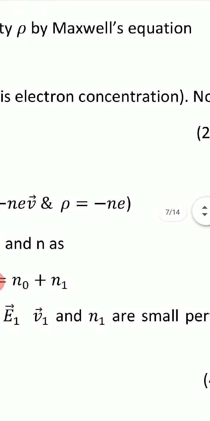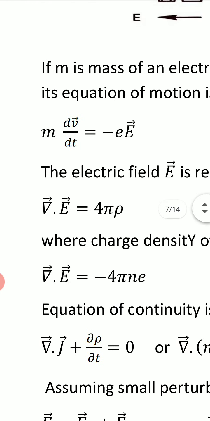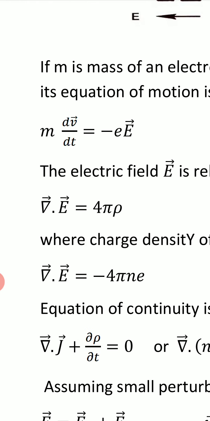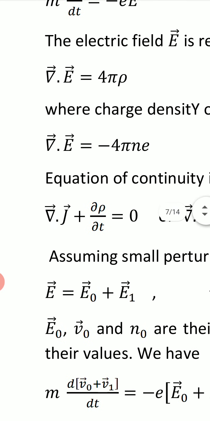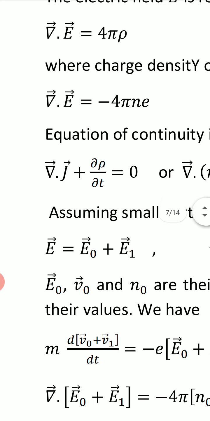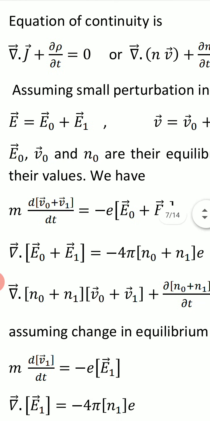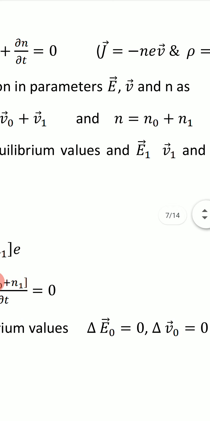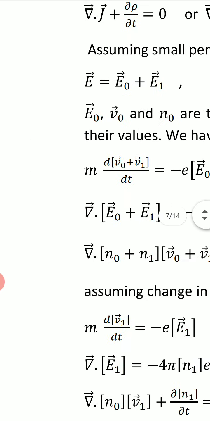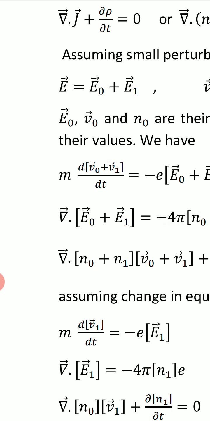So we have three equations. First is the equation of motion of electron, that is mass into acceleration equal to force. Second is Maxwell's first equation, and third is the equation of continuity. Now assuming a small perturbation in parameters E vector, V vector and N, a small change in these parameters, such as E vector is equal to E0 vector plus E1 vector.